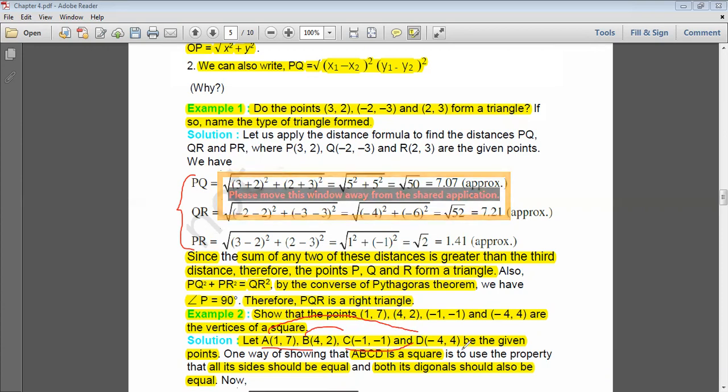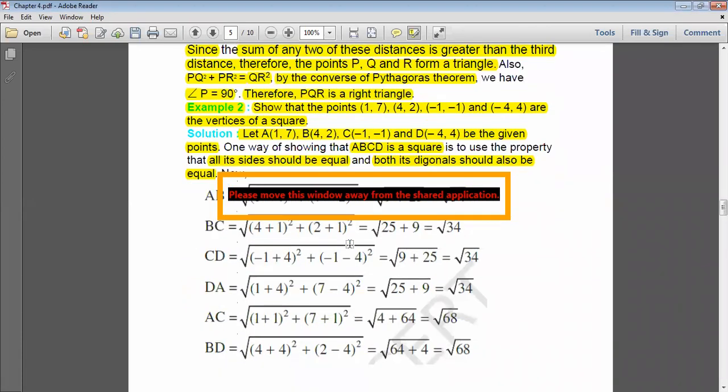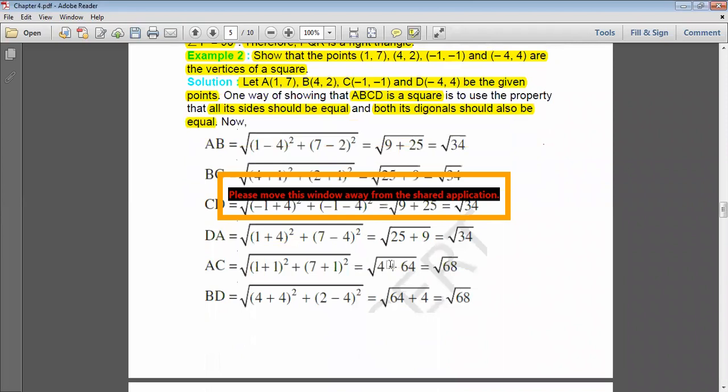Clear? Keep that in mind also. So we are going to find the distance. We have seen AB.